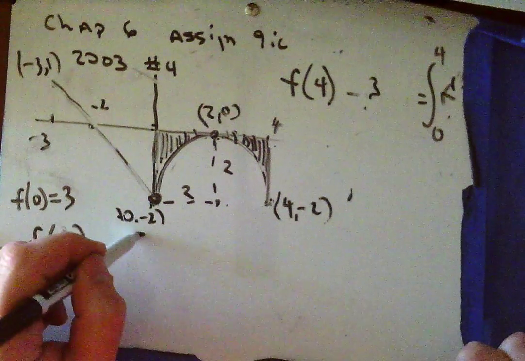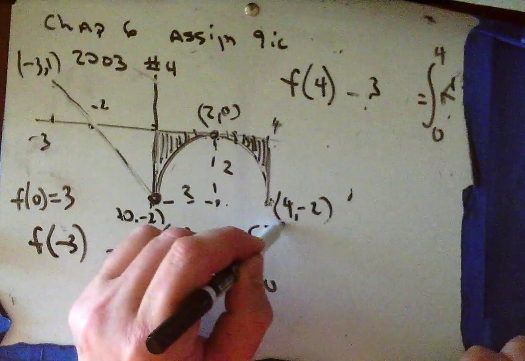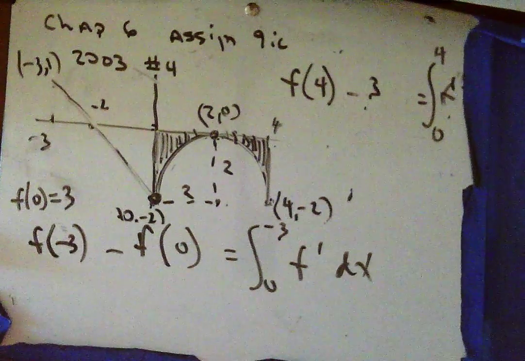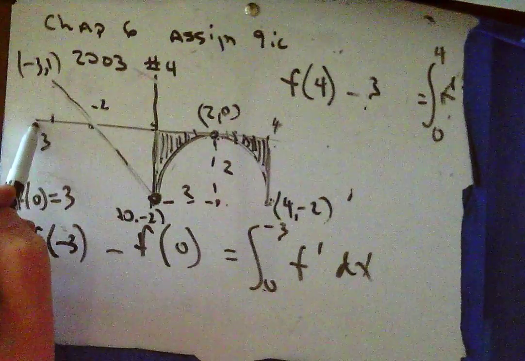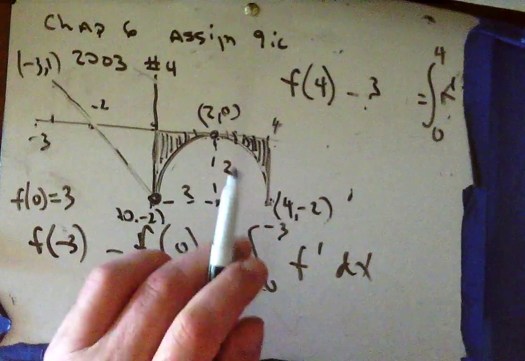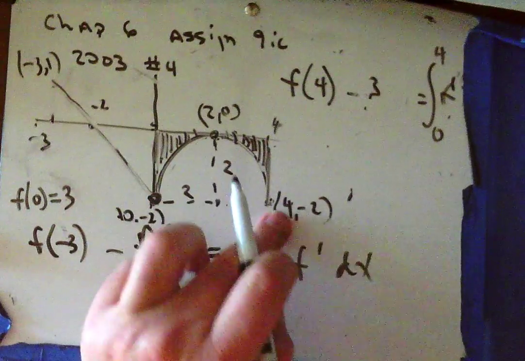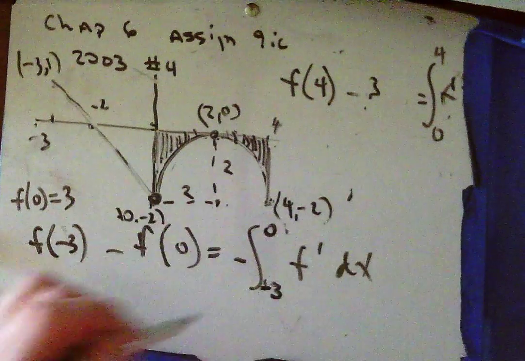And just with that same FTC setup, I could do something like this. However, this has me integrating from 0 to -3. And that's really hard on my brain, even harder than this. So what I'm going to do is pull out that negative and flip these to go -3 to 0.